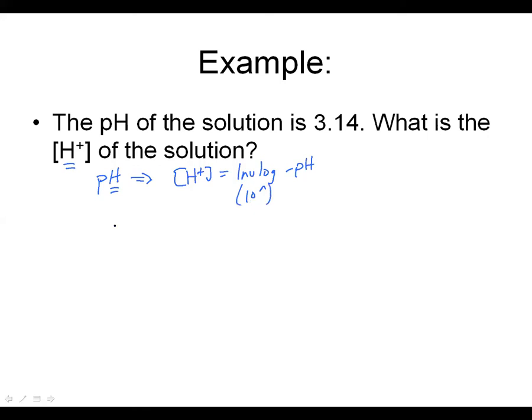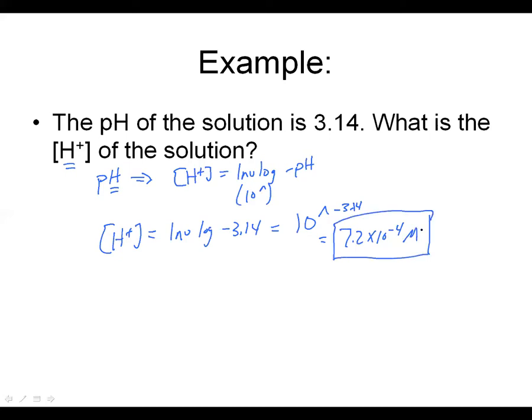So the H plus concentration would be the inverse log of minus 3.14, which on most calculators would look something like this. If you do that, you will end up with something like 7.2 times 10 to the minus 4. Since this is a concentration, you would put molarity there.